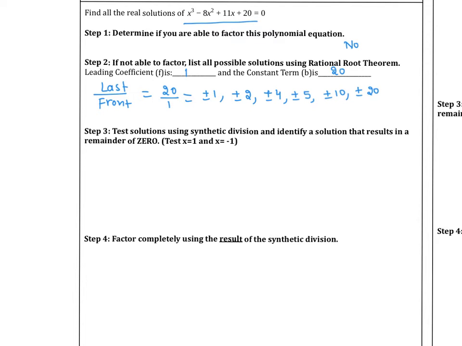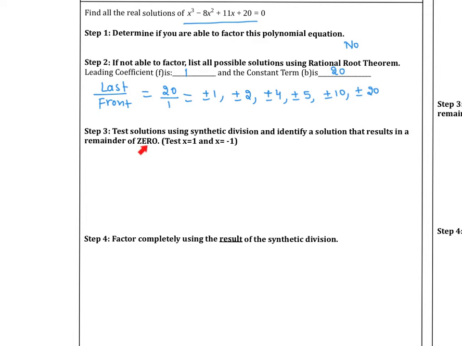We don't know which one is going to be the factor though. We always start from the lowest number that we just found, and test which one is actually our factor. To do that, we are going to use synthetic division, and we're going to identify a solution that results in a remainder of 0.